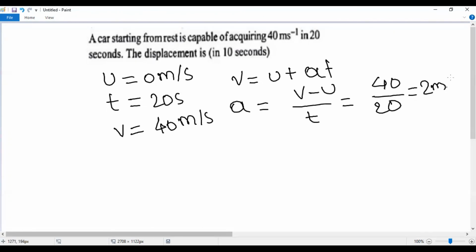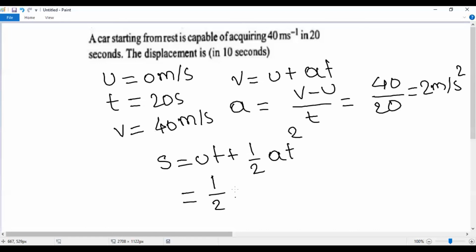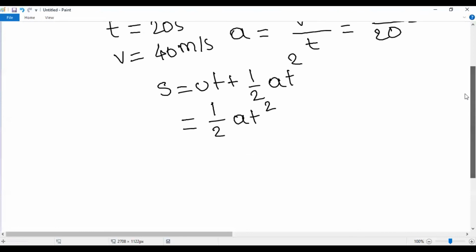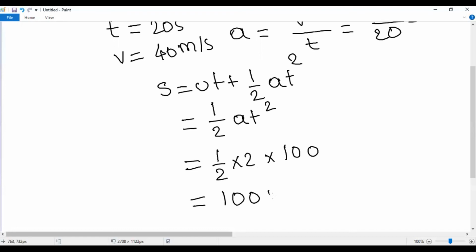This will be 2 meter per second square, and the displacement in 10 seconds will be s is equal to ut plus half at square. So u is 0, so it will be half at square, and from this we can easily derive the equation, that is half into 2 into t square, which is 100. So the answer will be 100 meters.